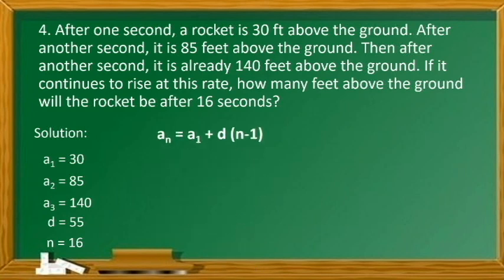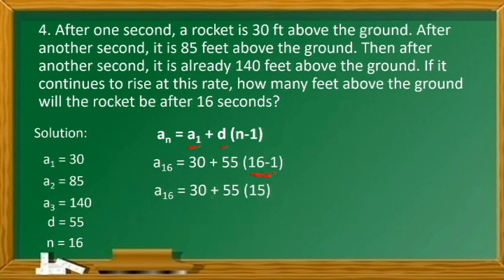So now we use the formula for the nth term of an arithmetic sequence. So let us now substitute. Our a sub 16 is equal to 30, which is our a sub 1. Then our common difference is 55. n is 16 minus 1. So first, we will subtract 16 minus 1. So we have a sub 16 is equal to 30 plus 55 times 15.